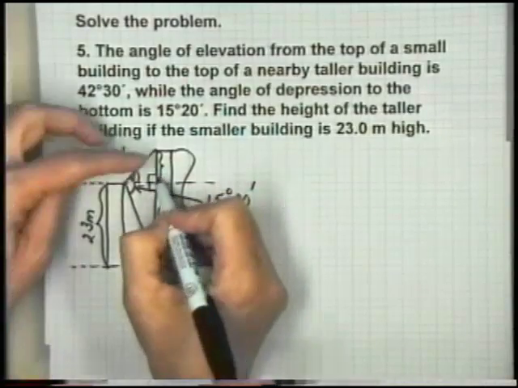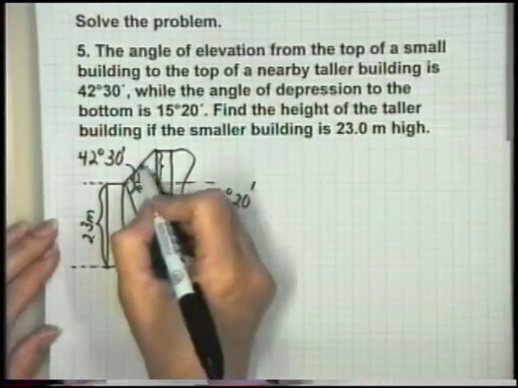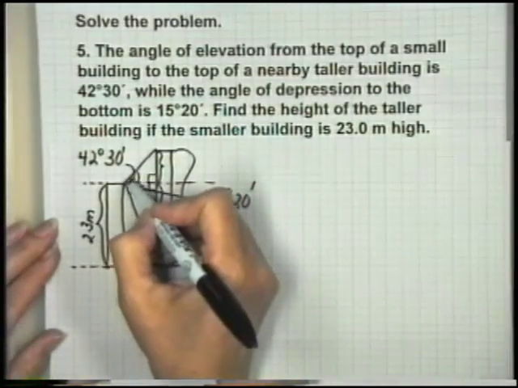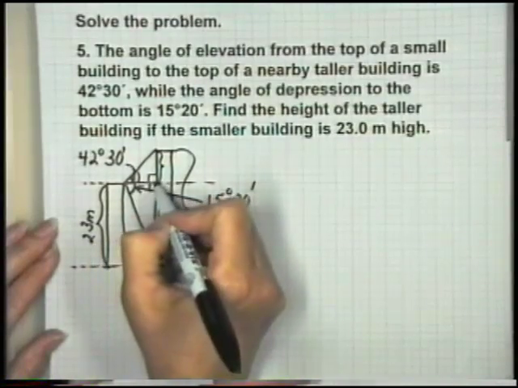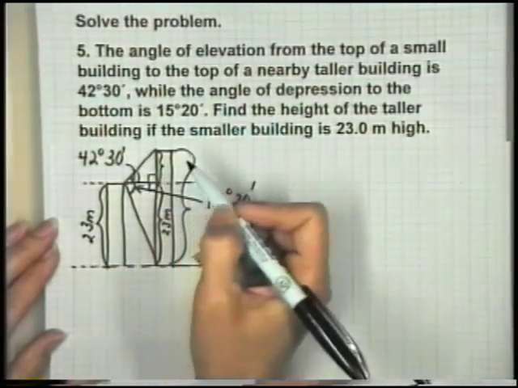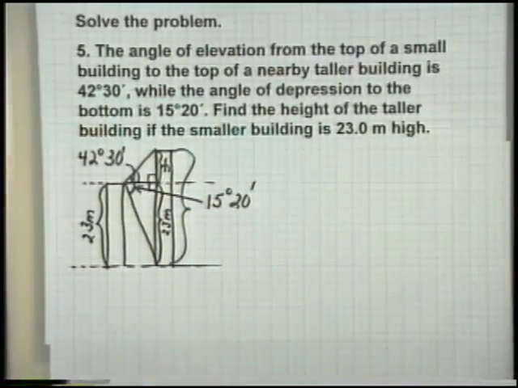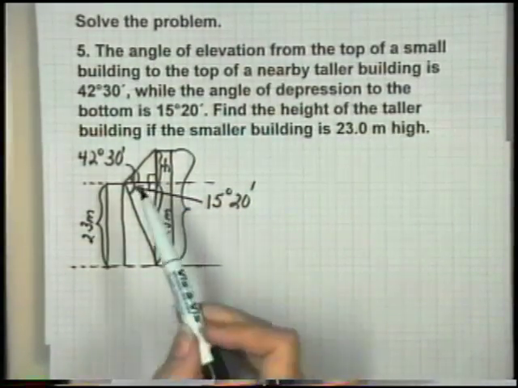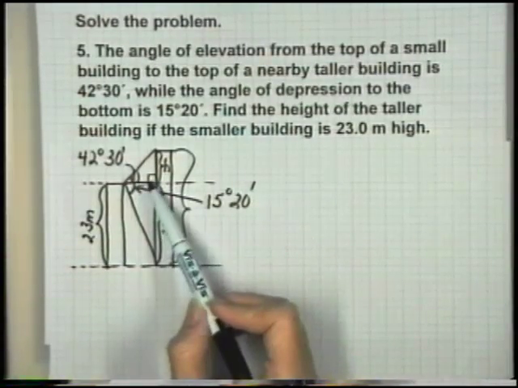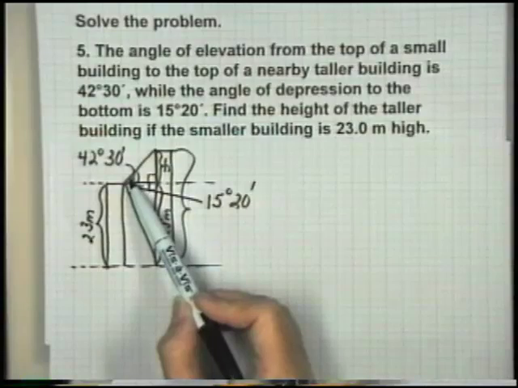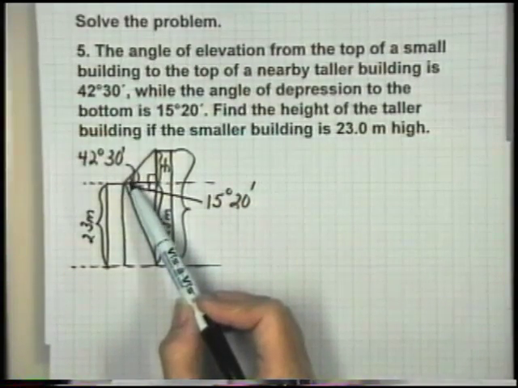So what I've got to find for this problem is this distance right here, which is one of the legs for this upper triangle. Of course, this would be the hypotenuse across from the right angle. This would represent a leg. That would represent a leg. So I'm going to call that H, and so I need to find H. The problem is with this upper triangle, I'm finding H, and the only thing I know besides the right angle is this acute angle right here.